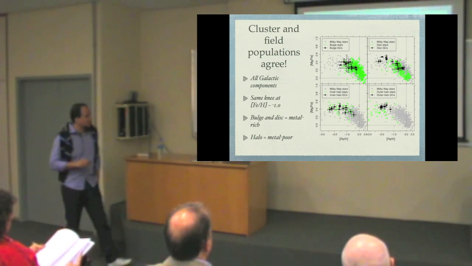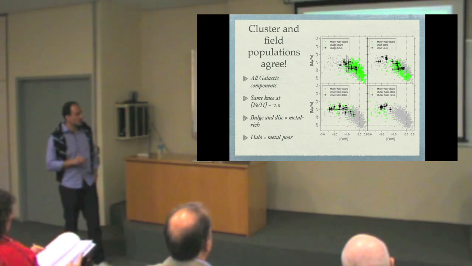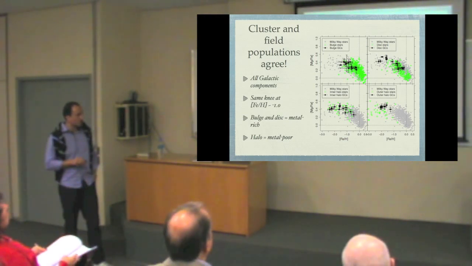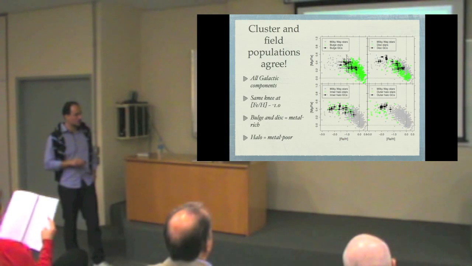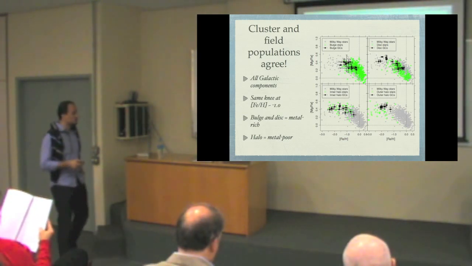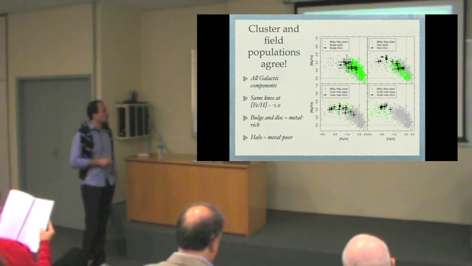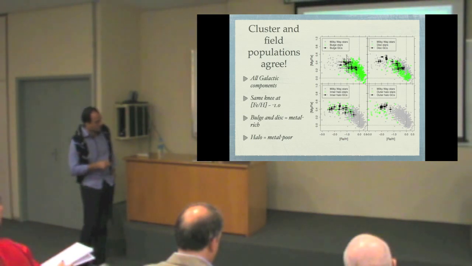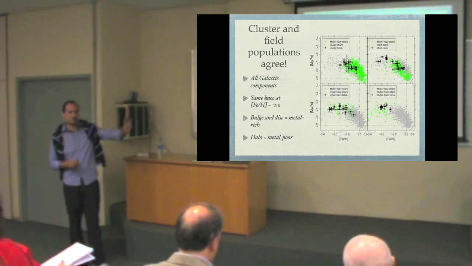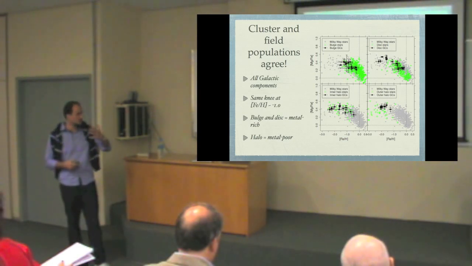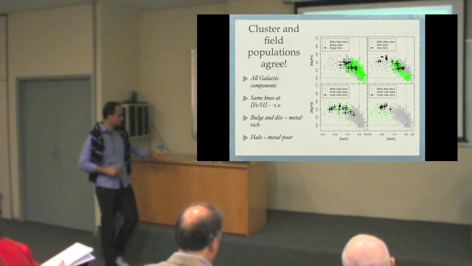Another thing is that this knee that I call attention to seems to be the same for the 4 components and close to metallicity -1. So this is an important constraint. And one last thing is that the bulge clusters seem to be more metal-rich, and inner and outer halos seem to be more metal-poor.